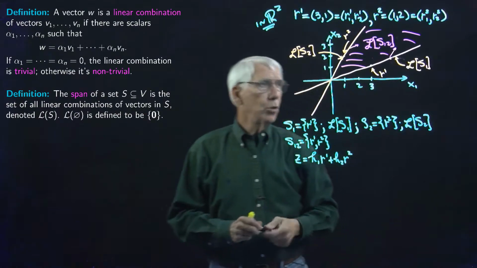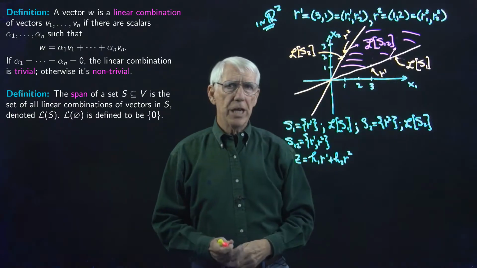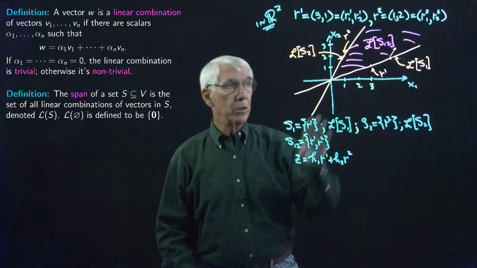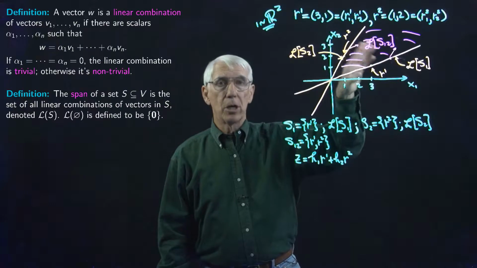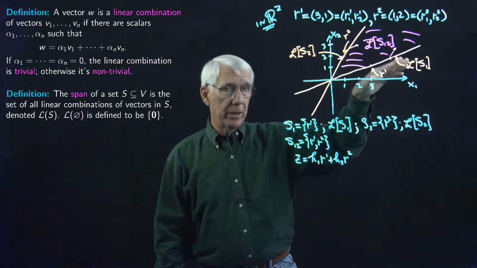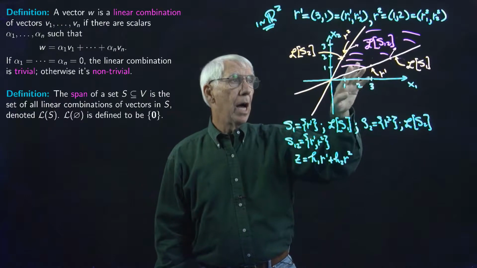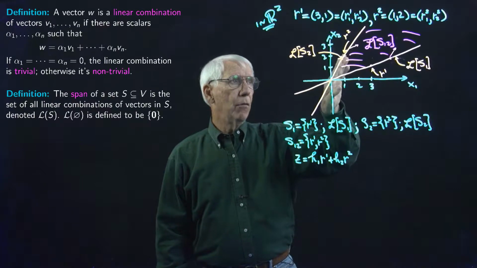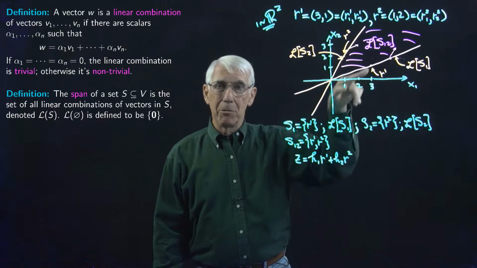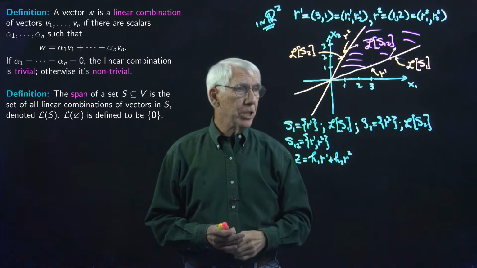So L of S12 would include all the vectors in this sort of cone-shaped region. In fact, we even use the term cone for this region. That's not something we're going to do right now, but probably later in the course we will see the concept of a cone in a vector space. It would be exactly what we're seeing here, this cone-shaped region.